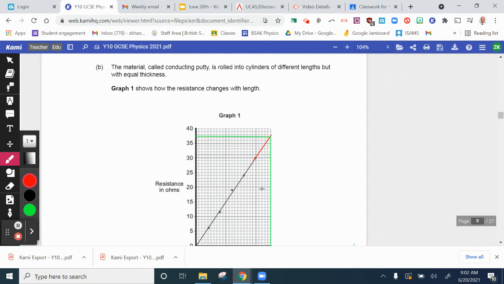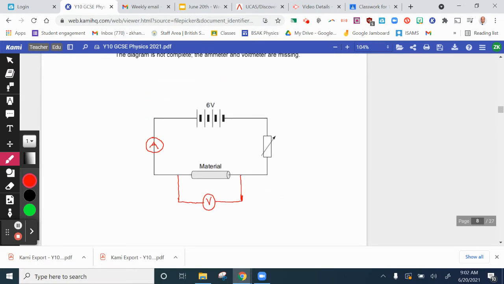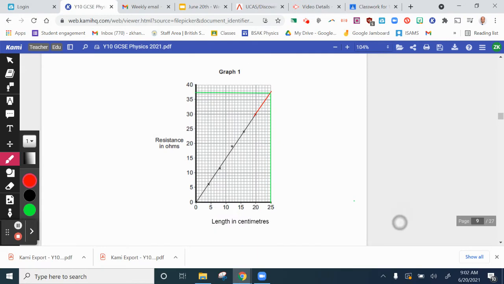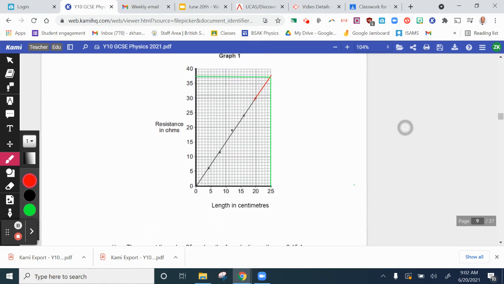Part B: material called conducting putty is rolled into cylinders of different lengths but equal thickness. So here we've got this material, the conducting putty, and we can change the length of this material. And the graph shows how the resistance changes with length.